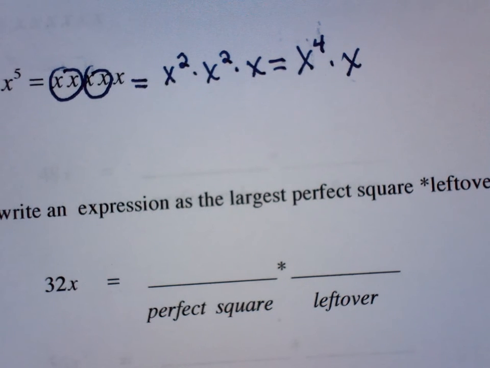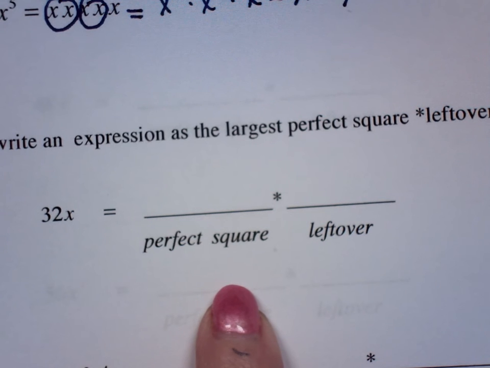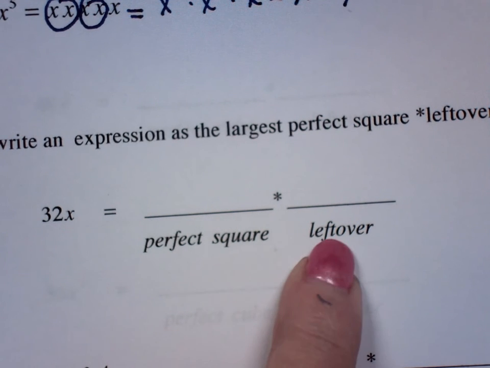So our goal is going to be, and by the way, the hard part's going to be the numbers, I want to take each expression and break it into two pieces. One piece is going to be a perfect square. The other piece is going to be the leftover.